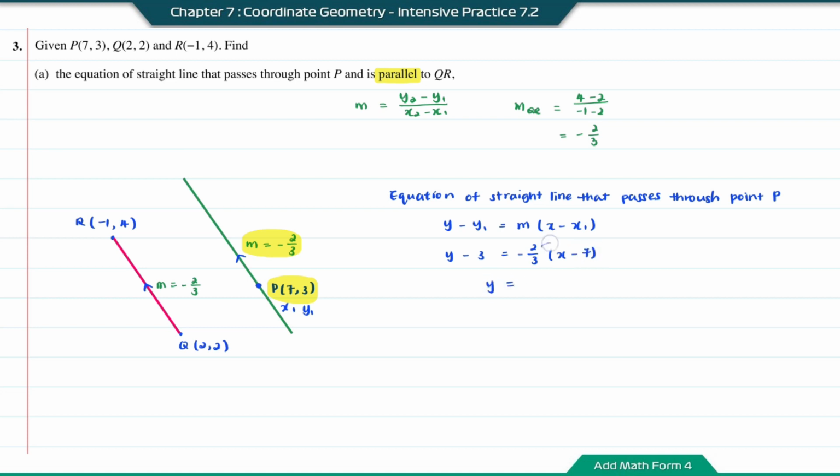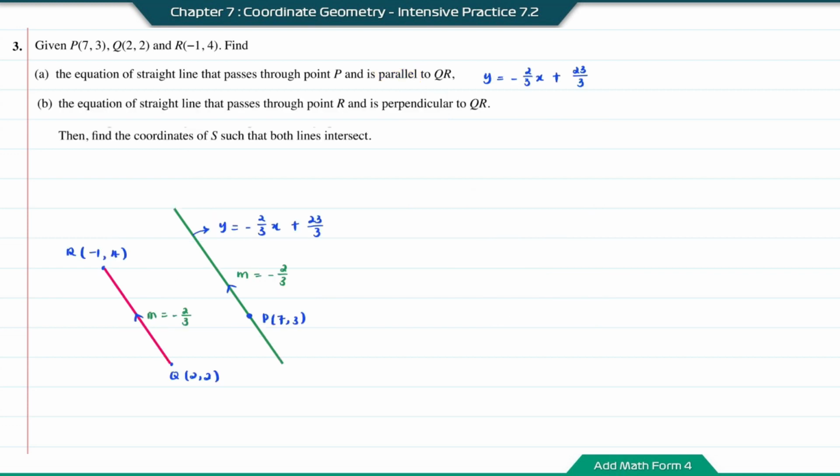So y is equal to, expanding this, negative 2 over 3 x plus 14 over 3, and move the negative 3 to the right hand side, it will be plus 3. So y is equal to negative 2 over 3 x plus 23 over 3. That will be the equation in gradient form.